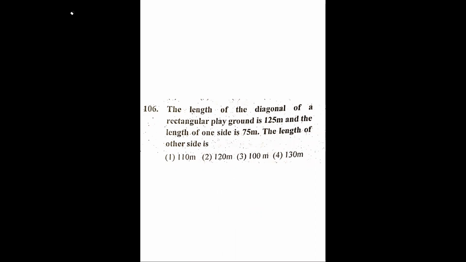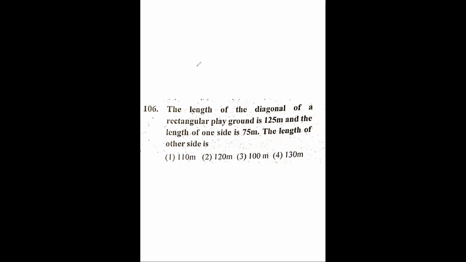The length of the diagonal of a rectangular playground is 125 and the length of one of its sides is 75. The length of the other side is... So we need to calculate the length of the other side.